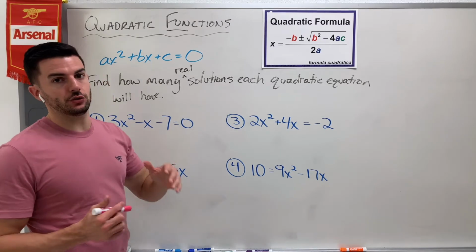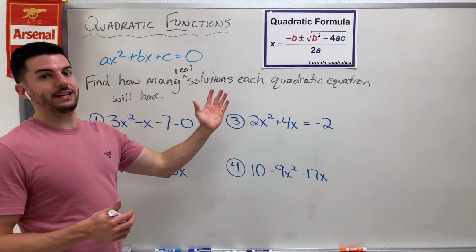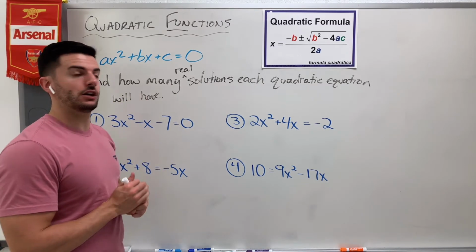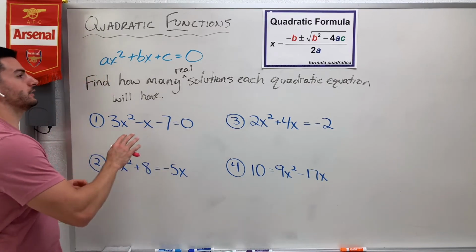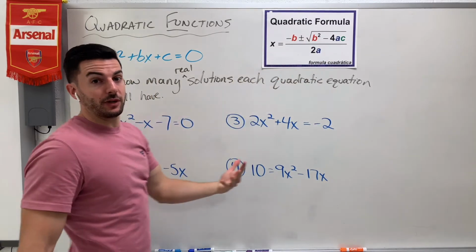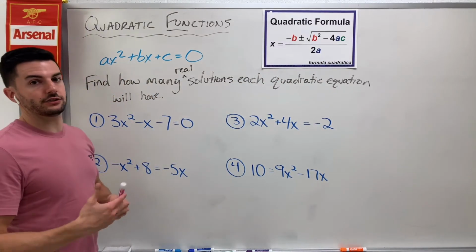We don't have to do the whole quadratic formula. If we're just wondering how many solutions there will be, not necessarily what the solutions themselves are going to be, we can just evaluate the discriminant, and depending on what sign it is, we can answer the question.